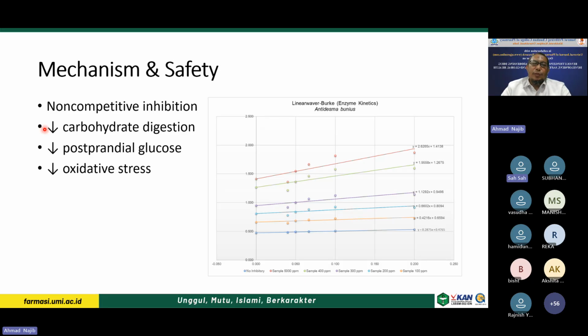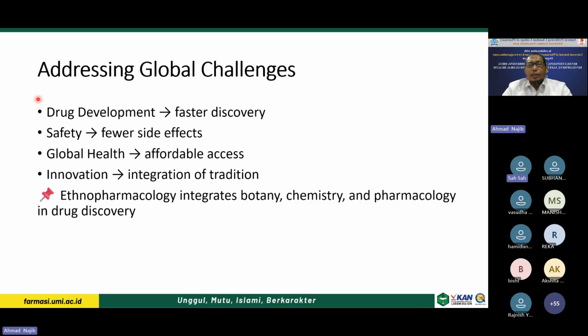So postprandial glucose decreases, lowering the glucose concentration in the blood, and oxidative stress is decreased. Addressing the global challenge, we have a chance for faster drug discovery, with fewer side effects for safety. For global health, there will be affordable access, and innovation through integrating traditional medicine mechanisms with conventional therapy in diabetes.